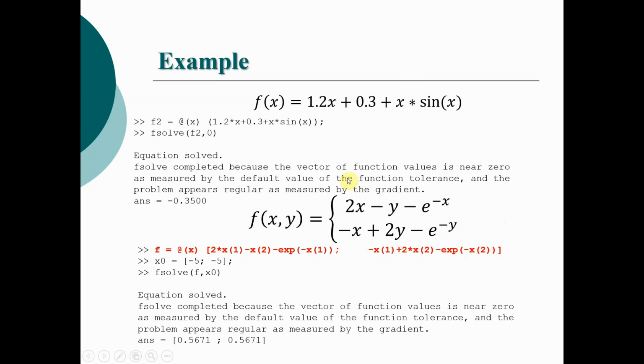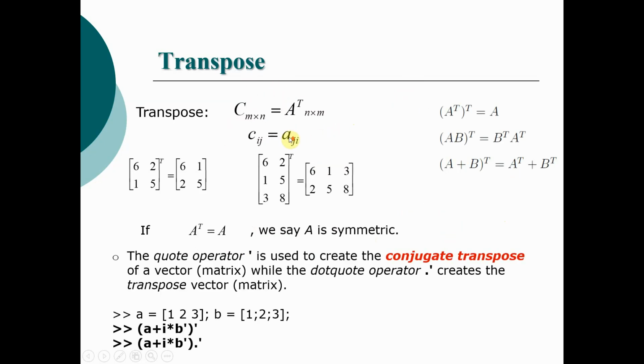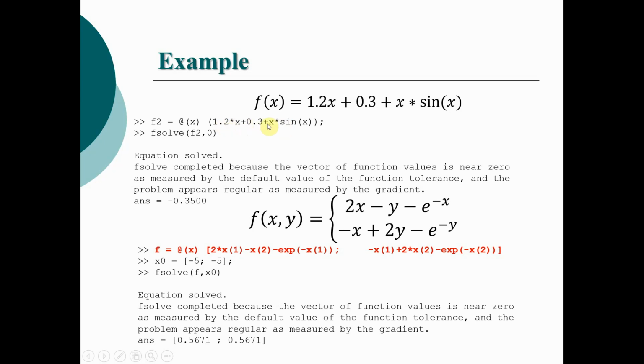If you want to use fsolve to solve this equation, to find at what x f of x is going to be equal to 0, you provide the function handle. You write the function, right, and then provide the function handle and an initial guess. We don't have to be very accurate. We just say that we think that at x equal to 0 this is going to be 0, which obviously is not the case.